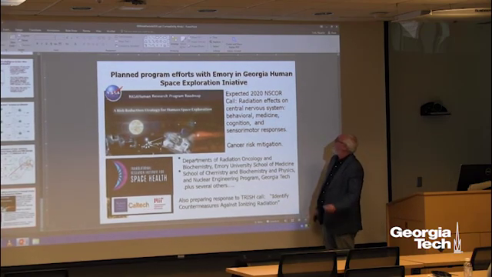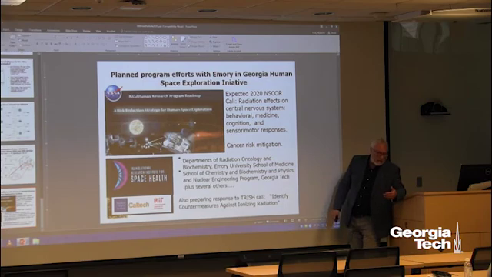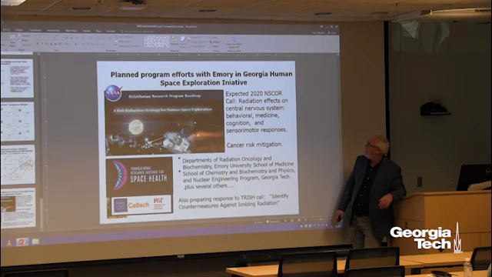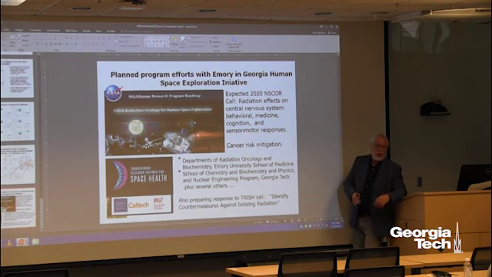It's a 2020 NSCOR call for radiation effects on the central nervous system. Beyond the damage to the neurons, they want to look at behavioral effects, impact on cognition, and impact on sensorimotor responses. This is going to be a big program, and so we're trying to mobilize now ahead of time to do this.